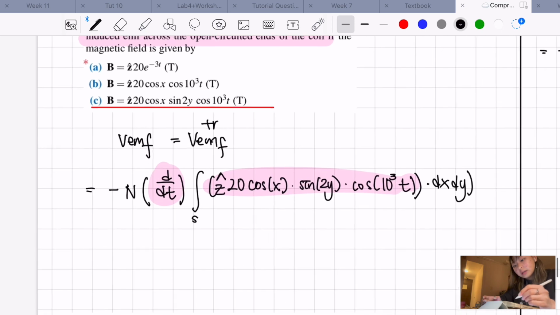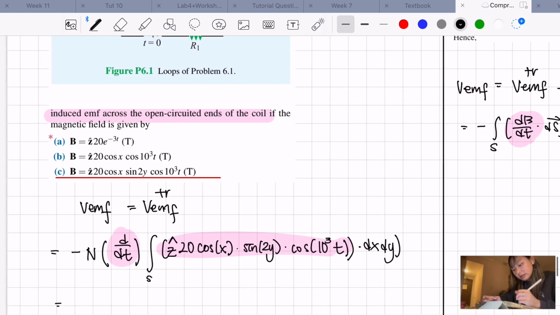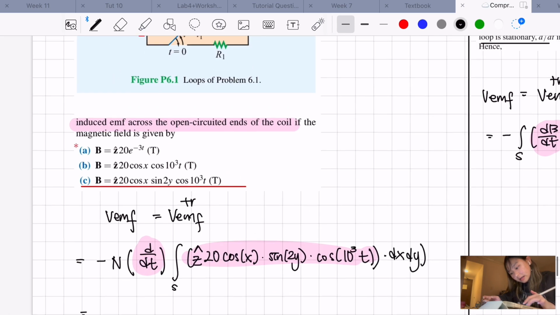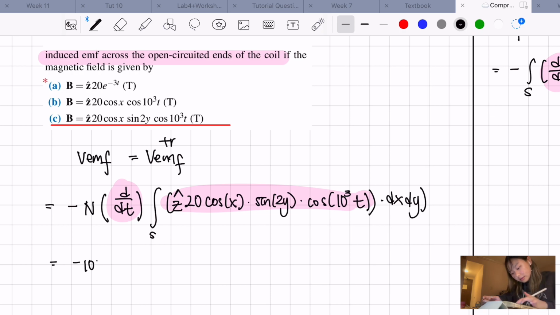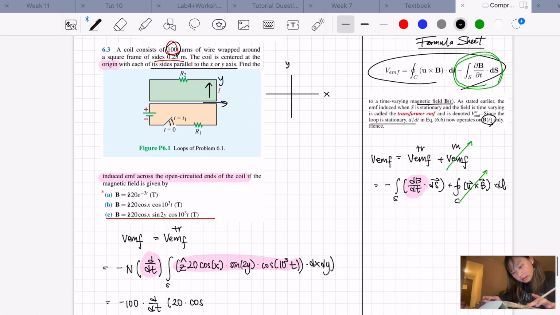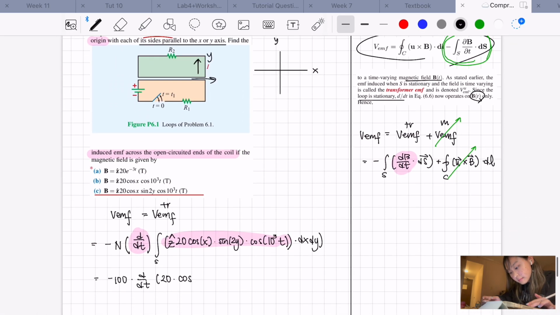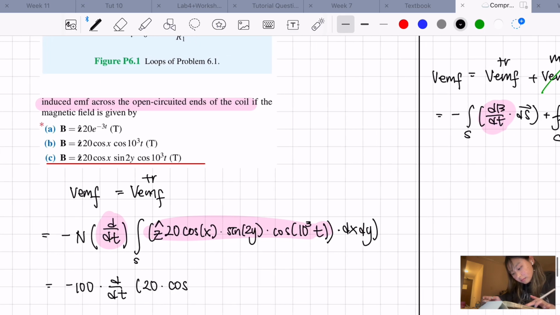Okay, we're going to simplify that a little bit further. This will be equal to n, which is given as 100 turns, so negative 100, d/dt stays still, and then 20 times cosine 10^3 t, where we bring the constant out first.